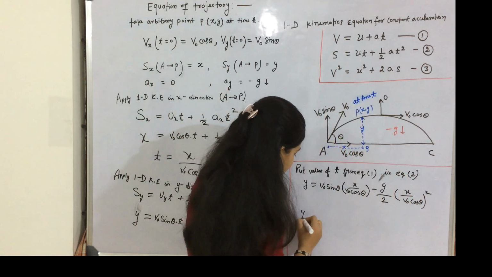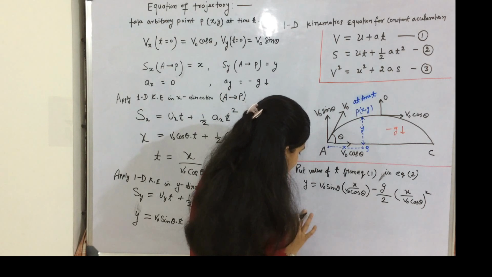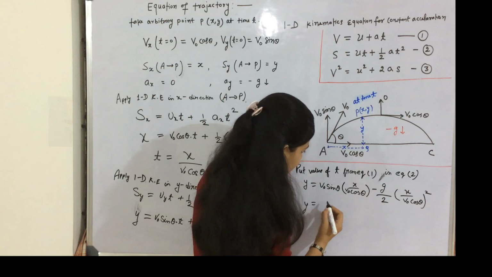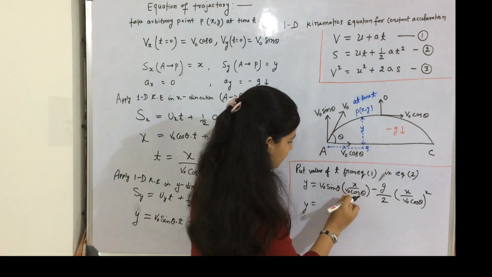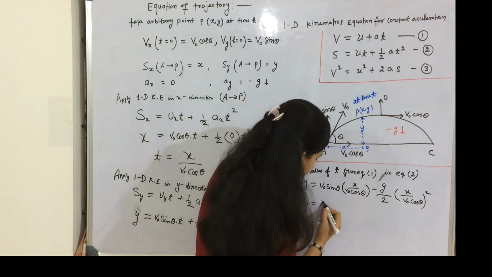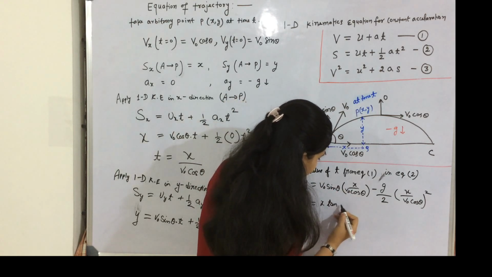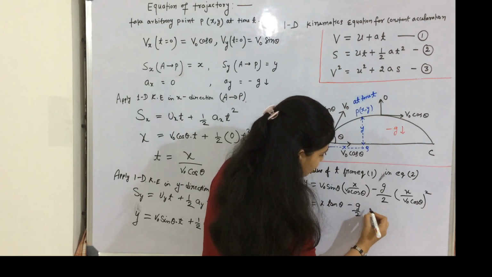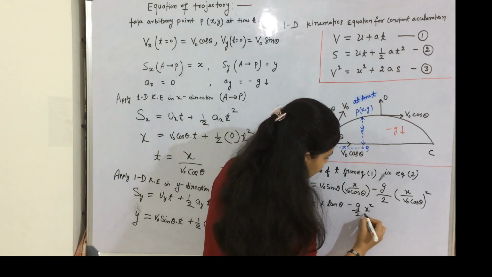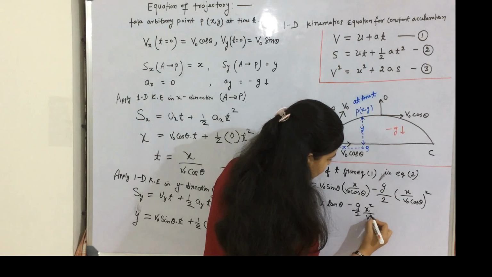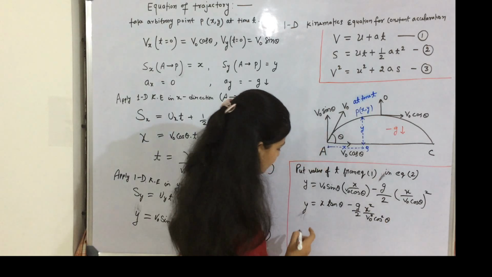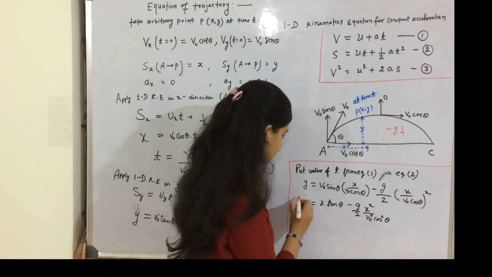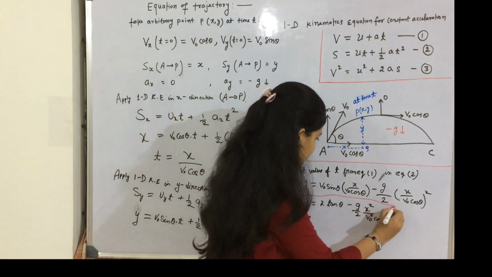So now we have y equal to, v naught will cancel, so x tan theta minus g by 2 x square by v naught square cos square theta. So this is the equation of trajectory.